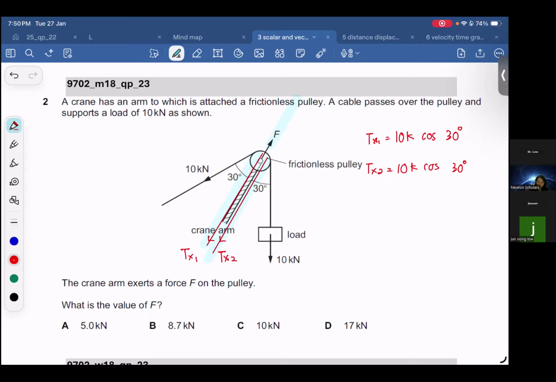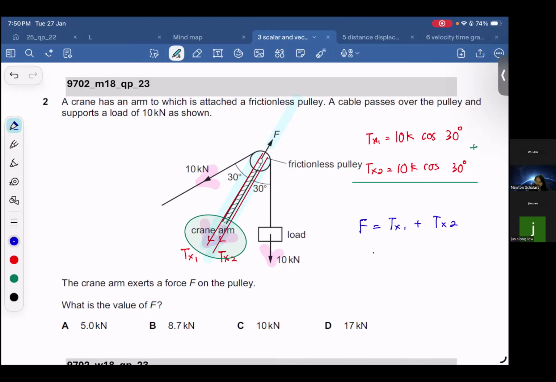Because this one is going out, our resultant, the force that we resolve, is also going out. So we found out that these two forces are actually in the same direction, so we should add them together. So Tx1 should be added with Tx2. So this force is equal to Tx1 plus Tx2.